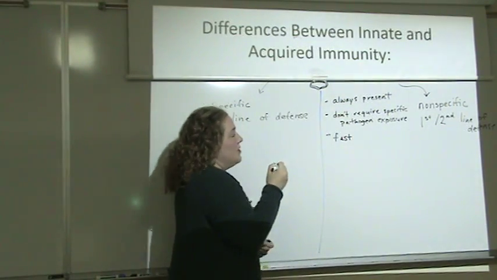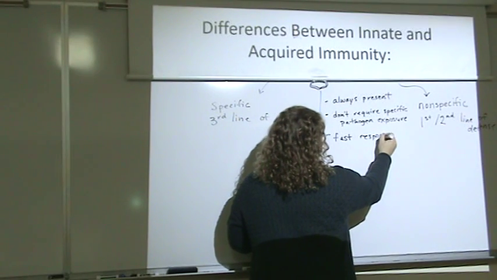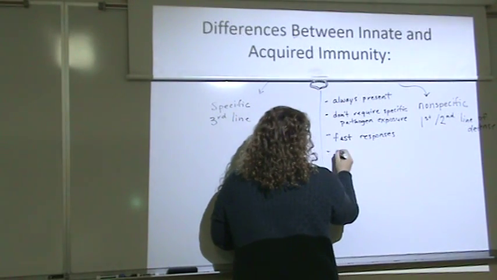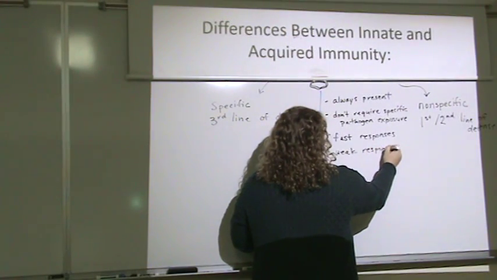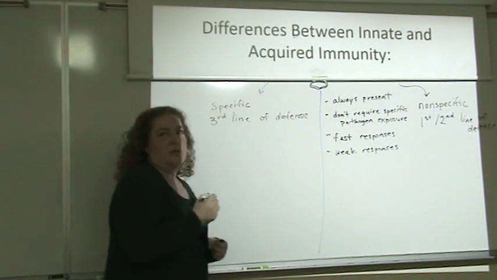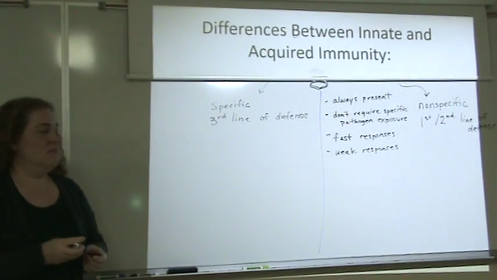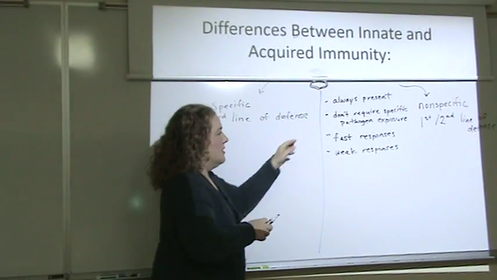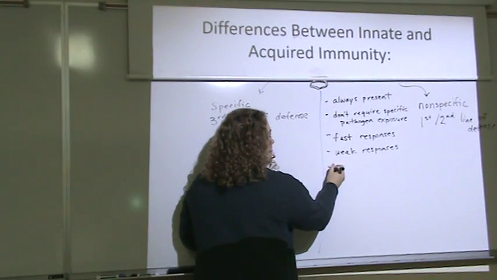Responses from your innate immune system are fast. You get fast responses, but they're kind of weak. Fast but weak responses. Still helpful, always ready. They're good against any kind of pathogen. It's just going to be weak.